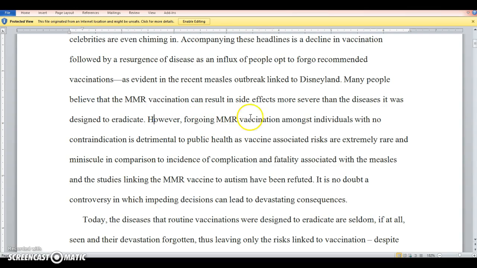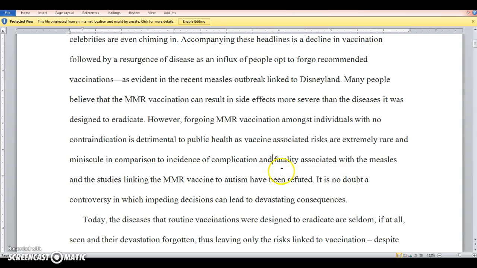However, foregoing MMR vaccination amongst individuals with no contraindication is detrimental to public health, as vaccine-associated risks are extremely rare and minuscule in comparison to the incidence of complication and fatality associated with the measles itself, and the studies linking the MMR vaccine to autism have been refuted.